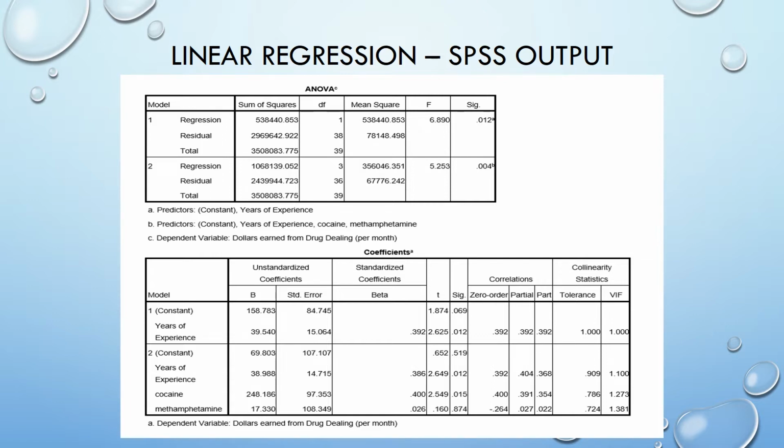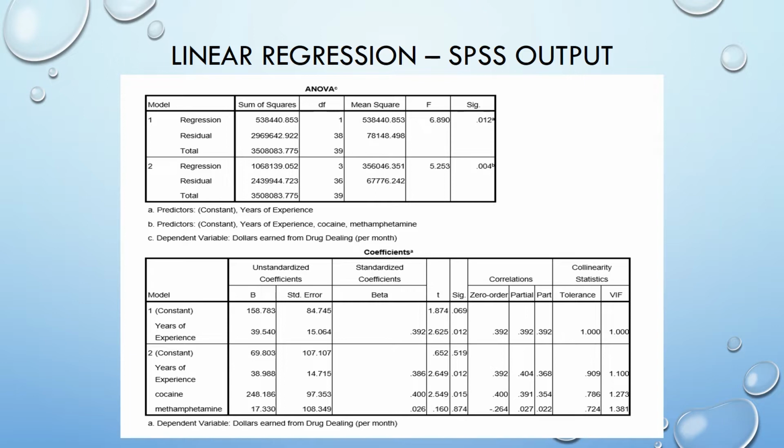We're going to talk about how we use that ANOVA box to interpret our findings in the next couple slides. Finally, we have the coefficients box. The coefficients box is the box at the bottom of this slide. Here is where we start to get a deeper look into how individual factors or individual independent variables influence our particular outcome.